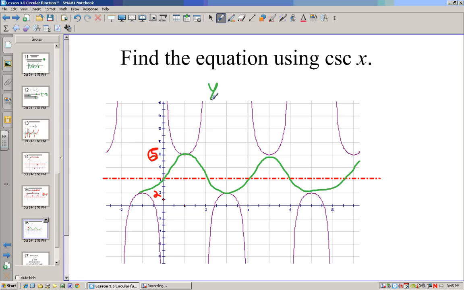So it looks like y equals 4 plus 2 cosecant. Looks like it passes through 4, so that it doesn't move to the right or to the left. It does an entire rotation by the time it gets to 4. So we're going to do 2 pi over 4, which is just pi over 2. So 4 plus 2 cosecant of pi over 2, x.